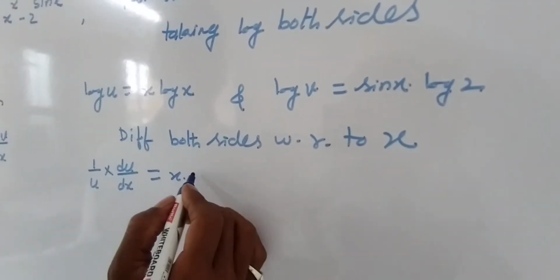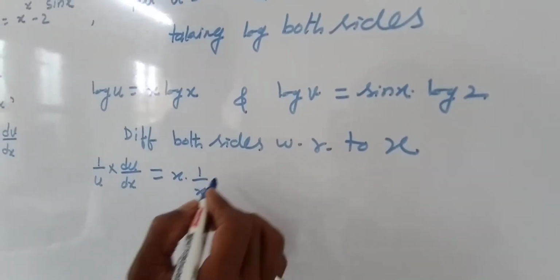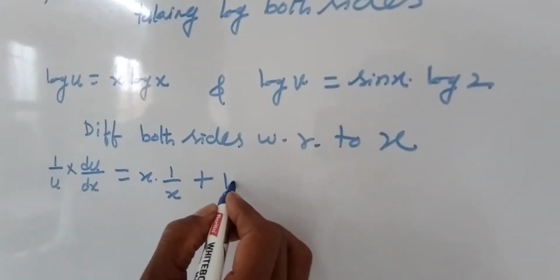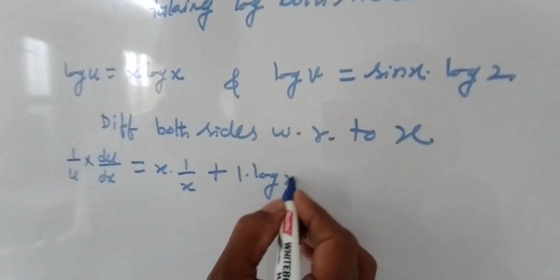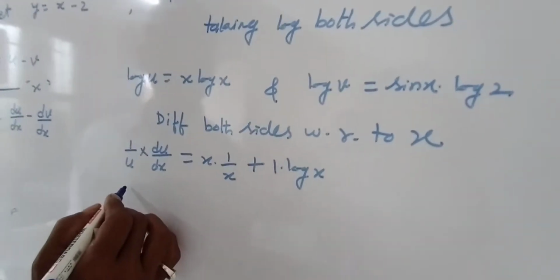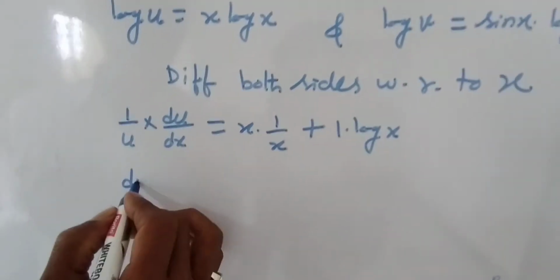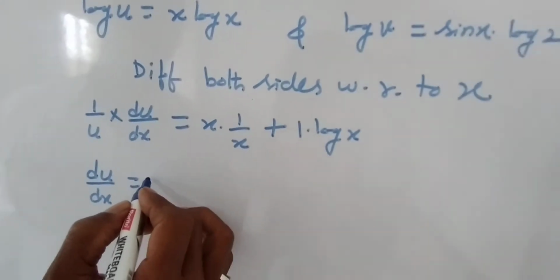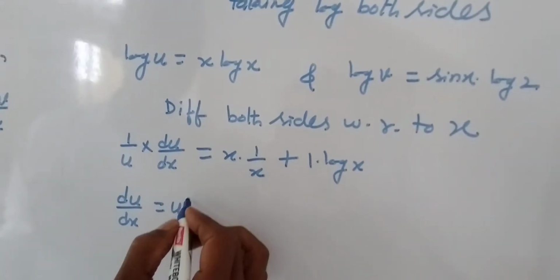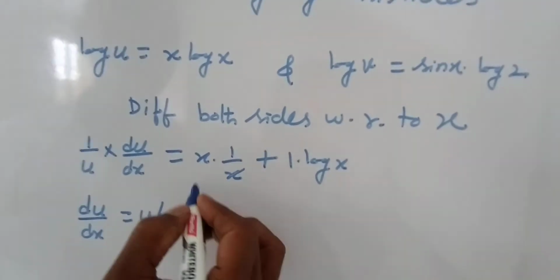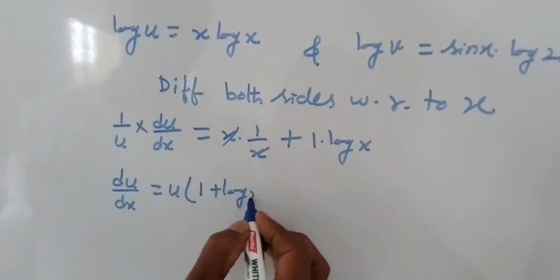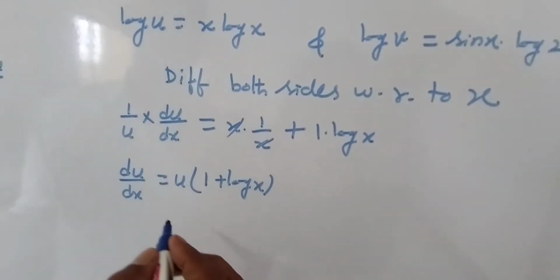Now derivative of log x is 1 by x plus derivative of x is 1 and log x unchanged. So du by dx equal to u into, this x will cancel, so 1 plus log x.